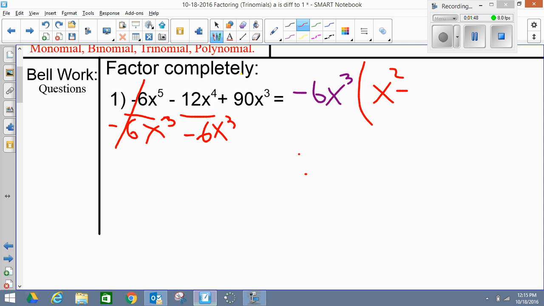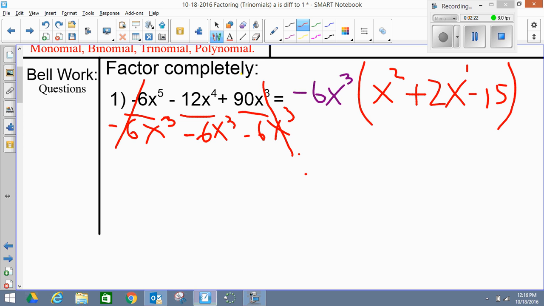Negative and negative is going to be positive. 12 divided by 6 is 2. X to the fourth divided by x cubed is x to the first. Next, 90 divided by -6x cubed. 90 divided by -6 is -15. X cubed divided by x cubed, they cancel out. So I'm done doing GCF.